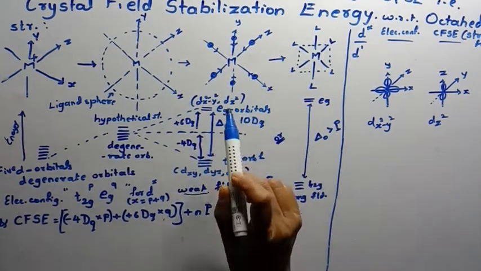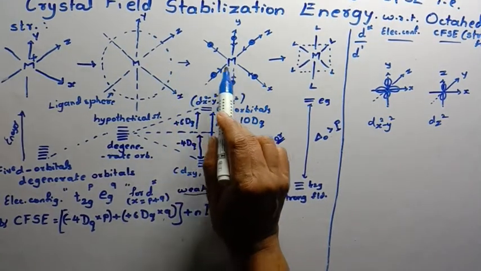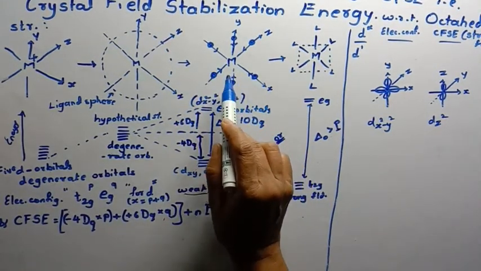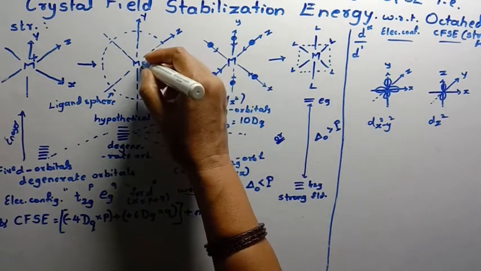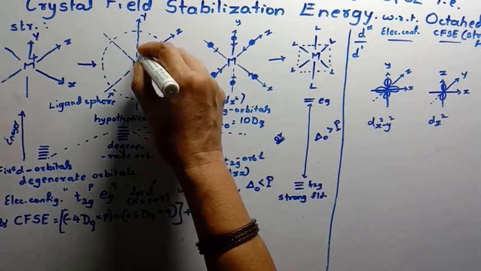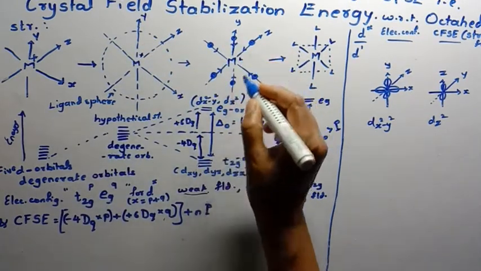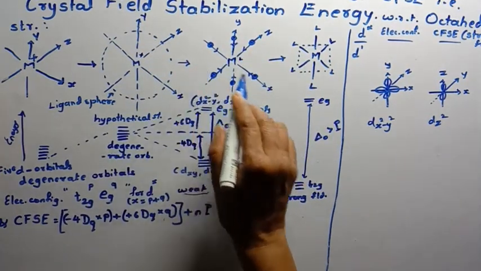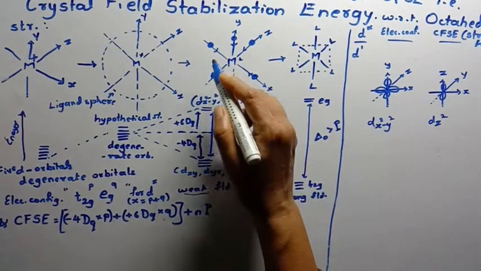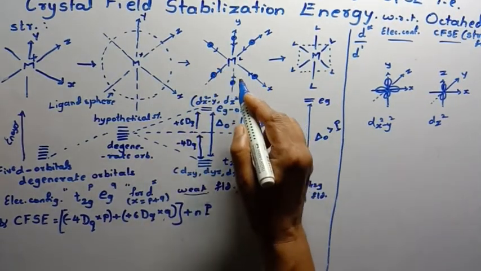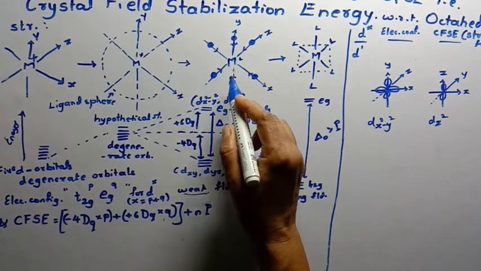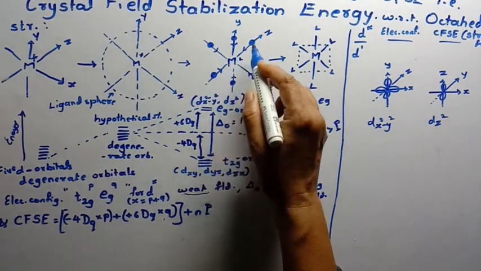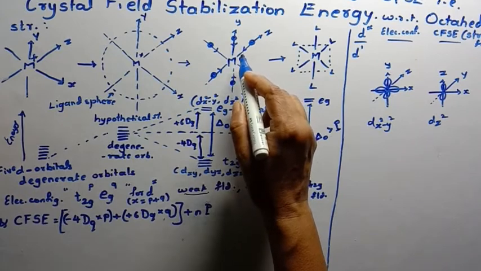That means the ligands are approaching the metal ion, two of them along the x-axis from both sides, other two along the y-axis from both sides, and the remaining two along the z-axis from both sides.